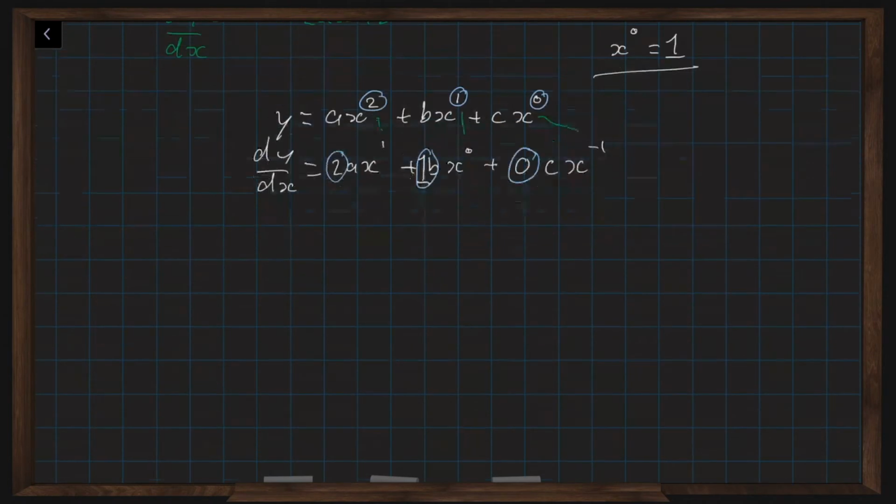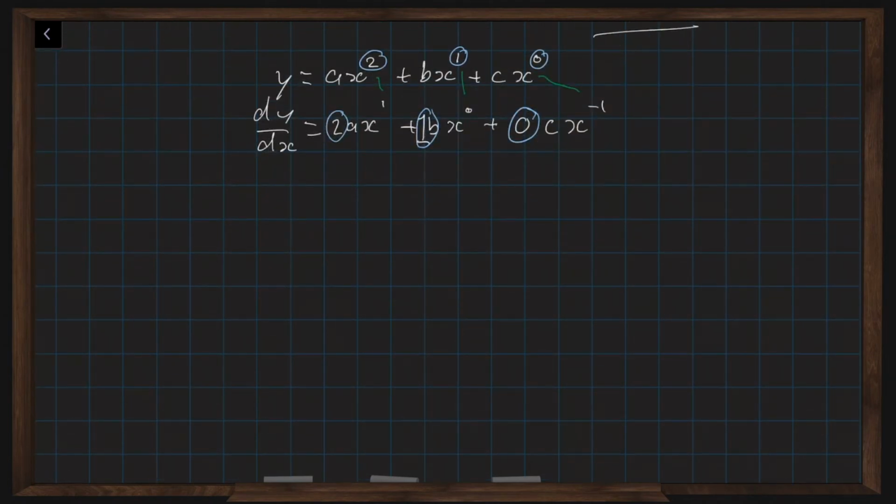For any simple polynomial of the form y equals a times x raised to the power of n, some arbitrary power, we find that dy by dx is equal to n multiplied by a multiplied by x raised to the power of n minus 1. And this holds for any polynomial.